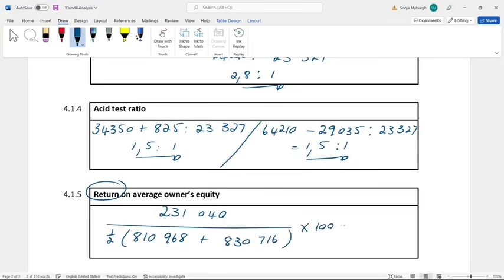Multiply by 100 to give us 28,1%. So that is the return. Like I said, this is supposed to be full marks for this one.